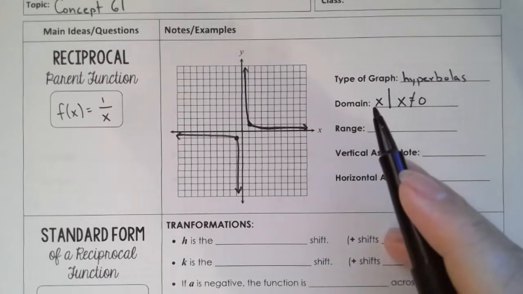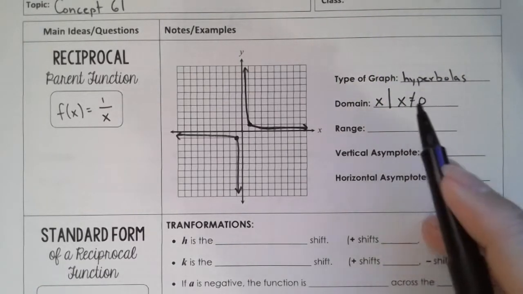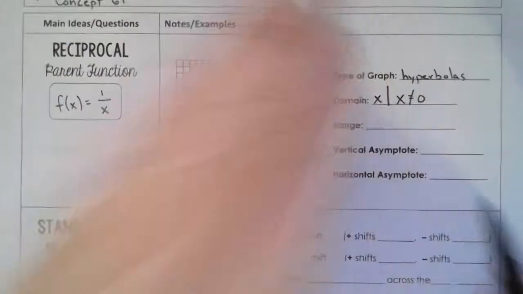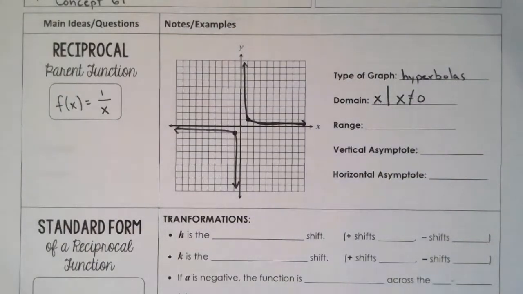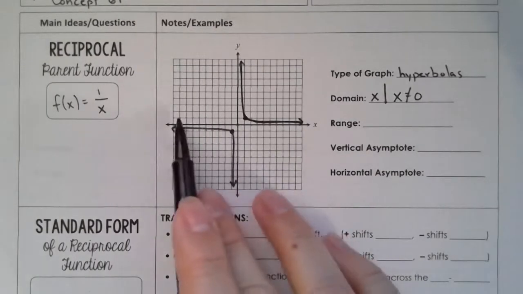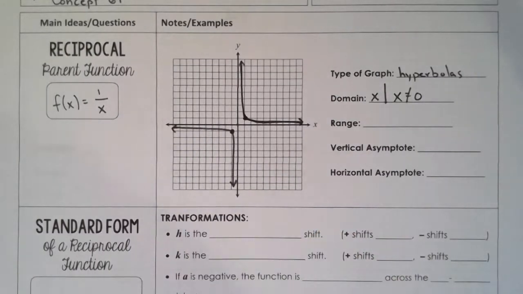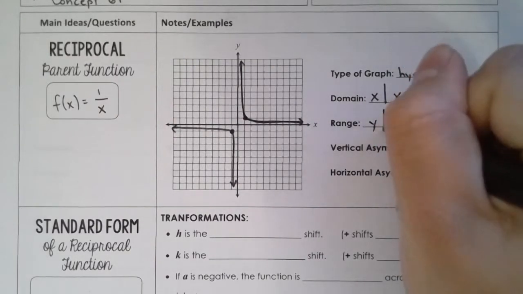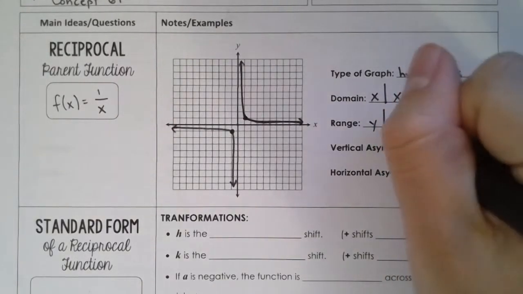This means all x's such that x can't be 0. Or you could just write x can't be 0. That's fine too. The range, notice that there's nothing I can plug in that gets y equal to 0, so it works the same way. The range is all y's such that y is not 0.